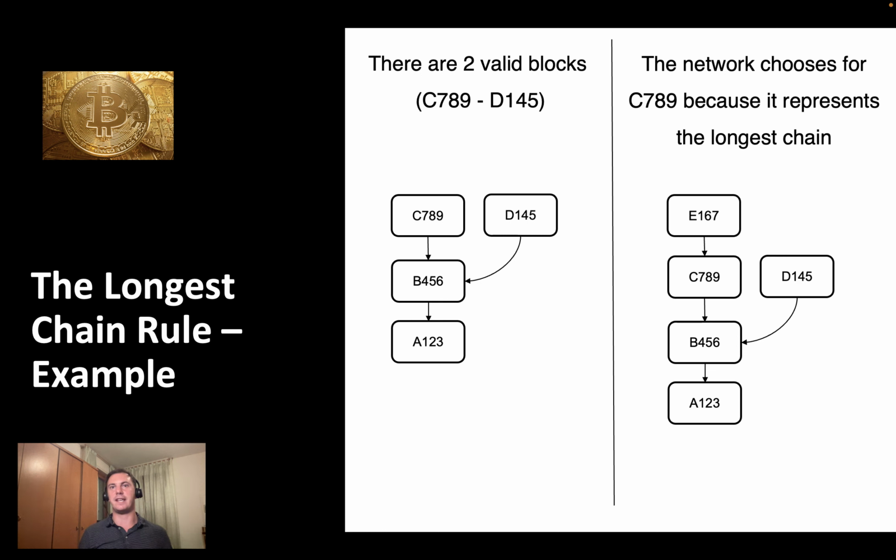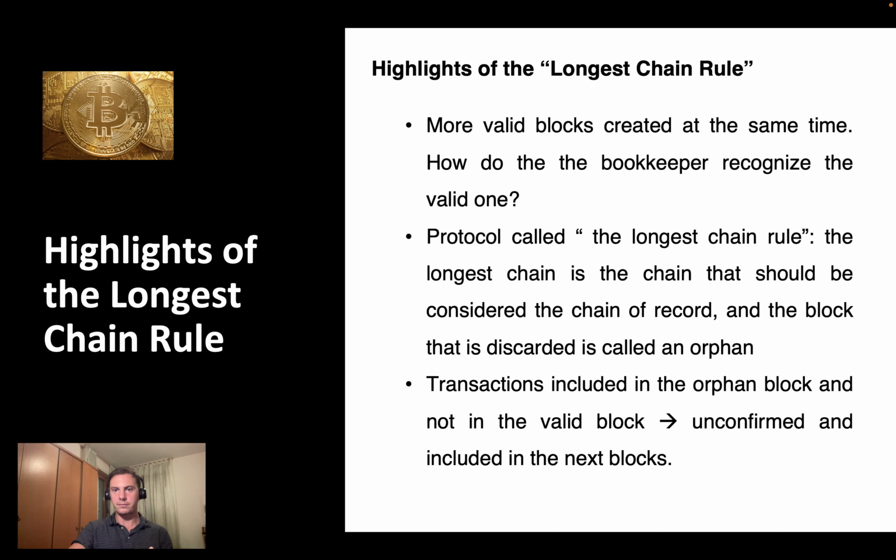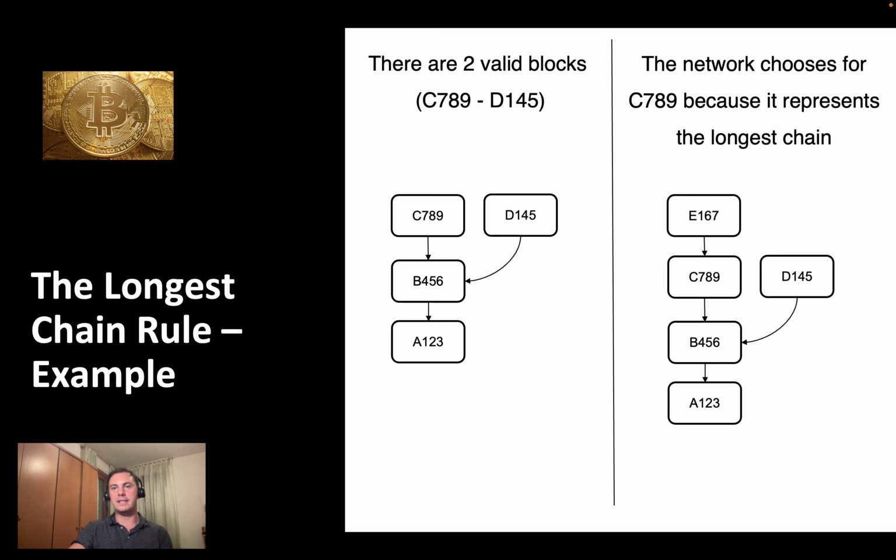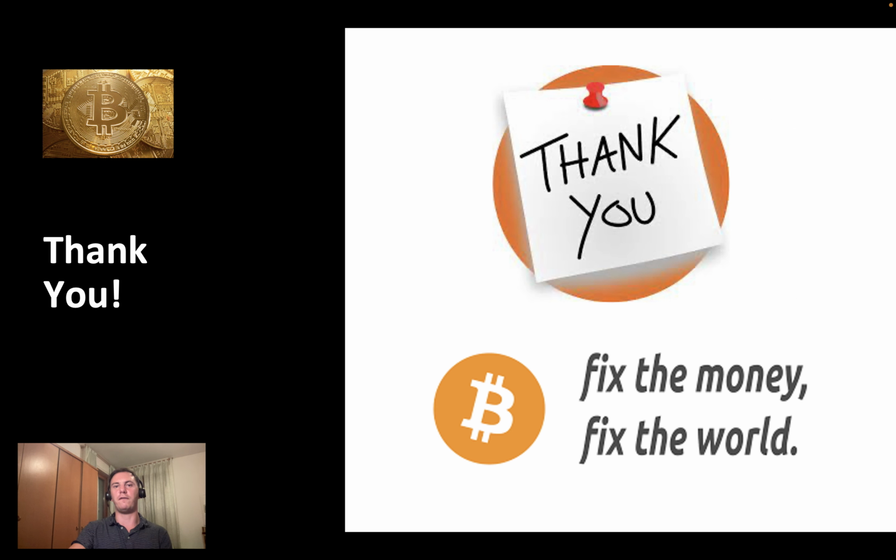All the transactions included in D145 and not in C789 will be considered unconfirmed and will be included in one of the next blocks. This is how it works, the longest chain protocol and the longest chain rule. And this is the end of this video.